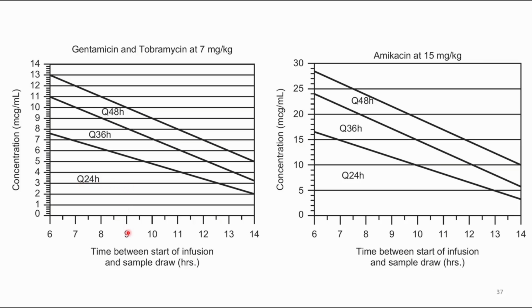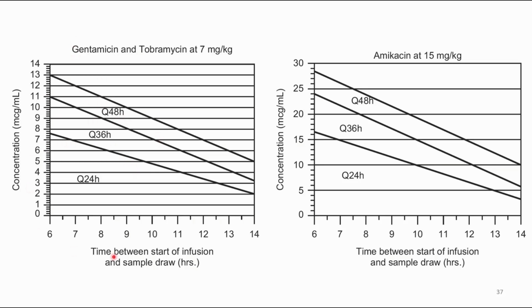Now, if for that very same patient, 9 hours later, you got a level that was 7, because 7 falls above this line of Q24 but is within the Q36 dosing, so 9 and 7 goes here, instead of continuing the dose every 24 hours, you change it to every 36 hours. The same would be true if 9 hours later you got a level of, let's say, 9. So 9 and 9, you would change the frequency to every 48 hours, and so on and so forth. So that's how you would monitor.